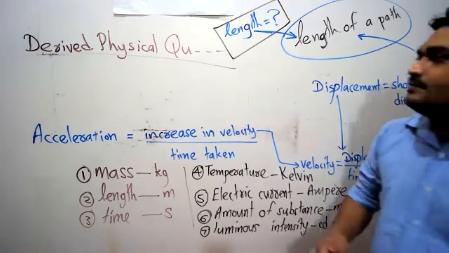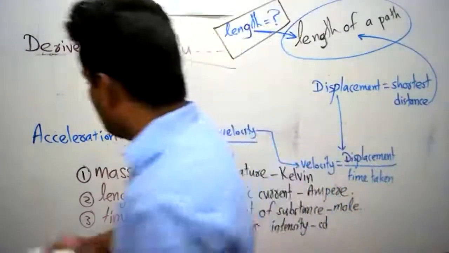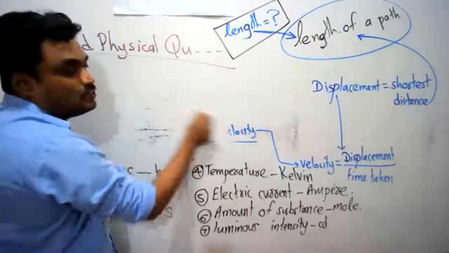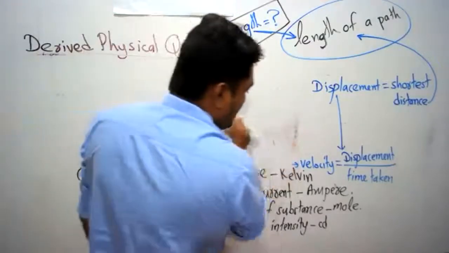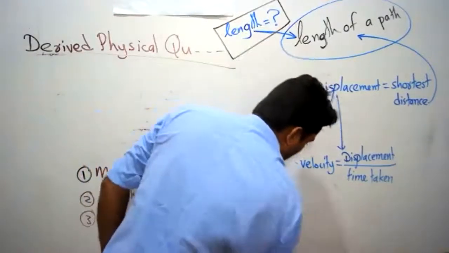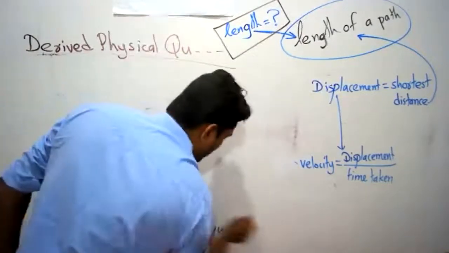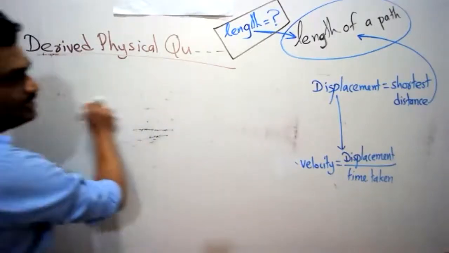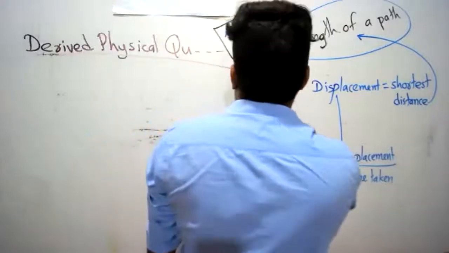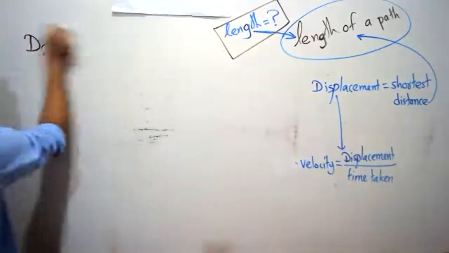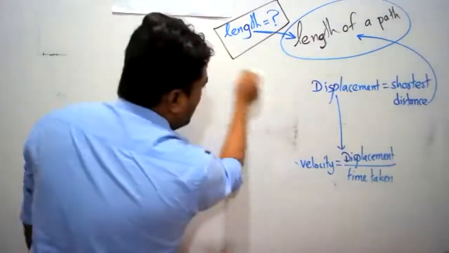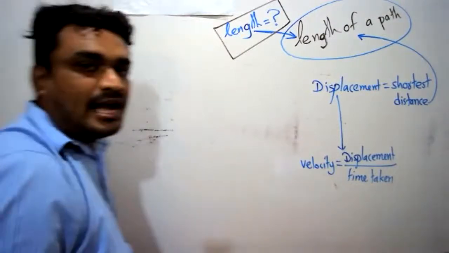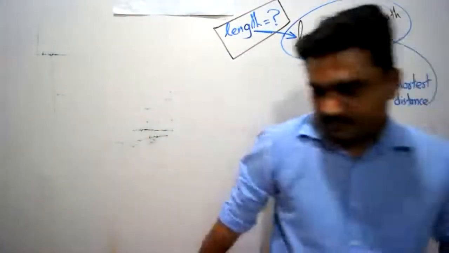Under that, please write: physical quantities which are being defined by other physical quantities are known as derived physical quantities.